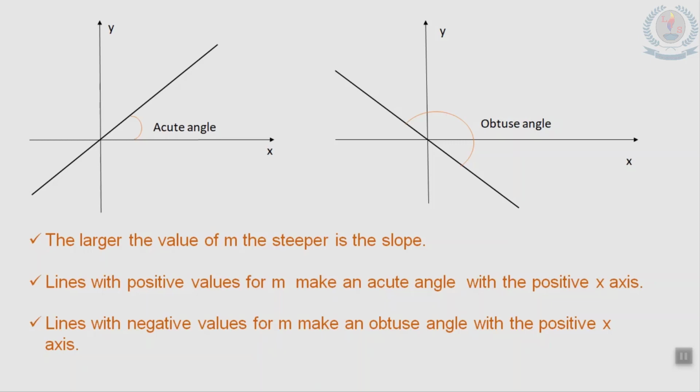Lines with positive values of m, meaning gradient, make an acute angle with the positive x-axis. Lines with negative values for gradient make an obtuse angle with the positive x-axis.